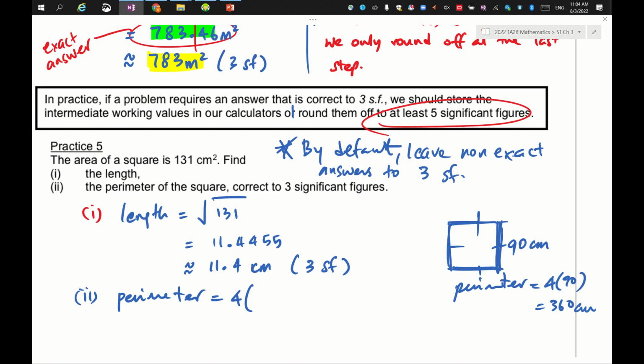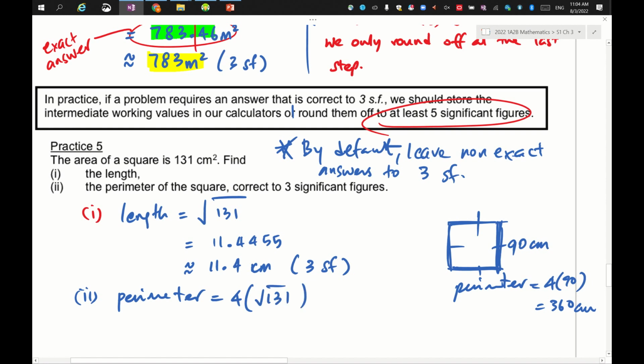Is there something that is even better? Wayne suggested it, and he is correct. Is there something else you can put inside here? A very exact one. 5 significant figures will be 11.446. But Wayne has something more accurate. How about you put square root 131? Isn't that even better?